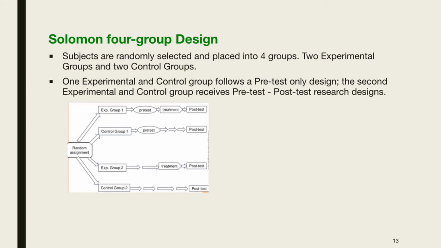So in a way, one can say that in a Solomon four-group design, there is an amalgamation of post-test only and pre-test, post-test research designs. So this strengthens the idea of doing research if a researcher has enough time and access to participants. This is the most sophisticated true experimental research design.